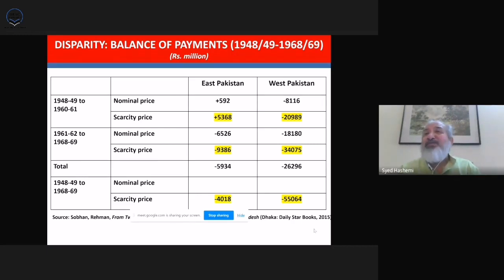So big balance of payments for West Pakistan, which the government had to meet, pay up. In East Pakistan, we were exporting quite a bit, like in the early years, 48 to 60 to 61, we were exporting more than we were importing, and the net money was getting transferred to West Pakistan.